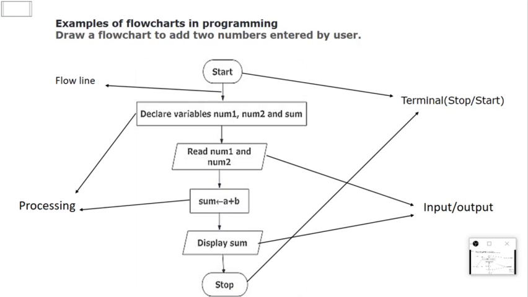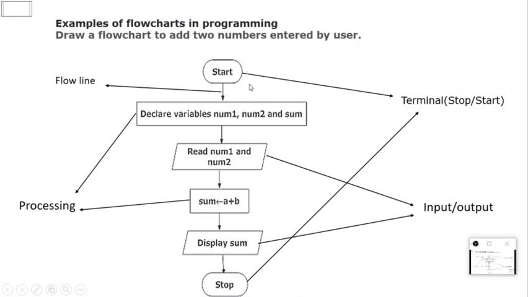So I am just initializing two variables, num1 and num2. Now next I am taking sum is equal to a plus b. A plus b is nothing but num1 and num2. So num1 and num2 both together are added in the sum. Here, just assume instead of num1, num2, it is a and b, and next displaying the sum.